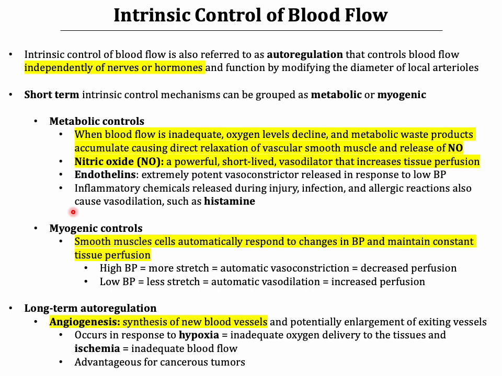Then for myogenic, I always think muscle. So smooth muscle cells have this ability to automatically respond to changes in blood pressure. So if a smooth muscle is stretched, it automatically contracts. So say within the immediate area, within a tissue, the blood pressure rises sharply. There's a high blood pressure.